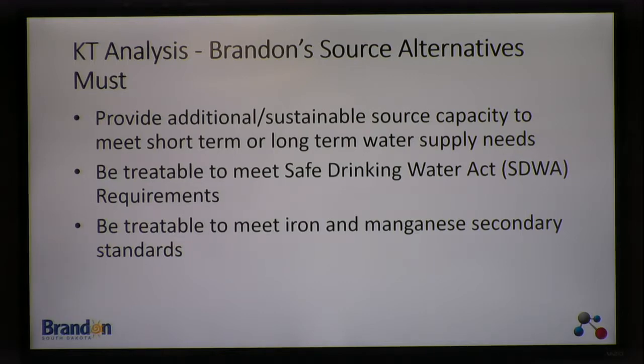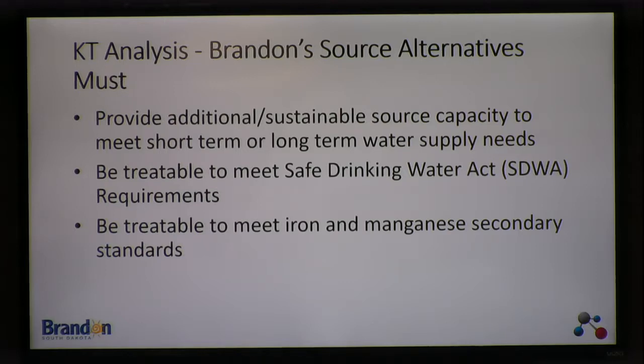These are the three things they must do that were decided basically by the team. They have to provide additional source capacity. They have to be treatable to meet the Safe Drinking Water Act requirements. The water must be treated also to meet iron and manganese secondary standards. Those were the base level of judgments against which alternatives were compared in order to be able to say, yes, we'll consider these further.